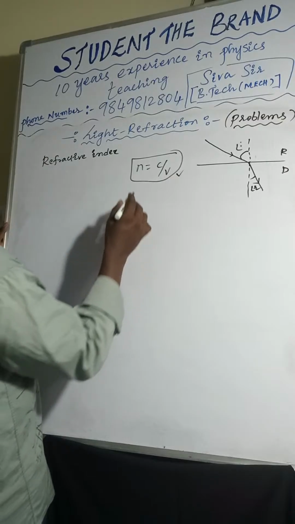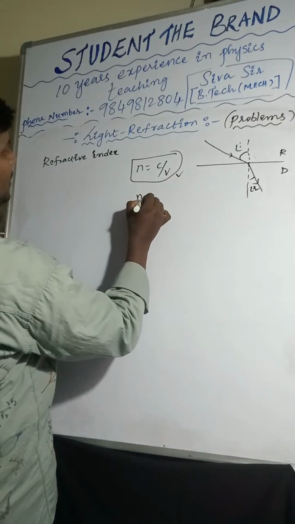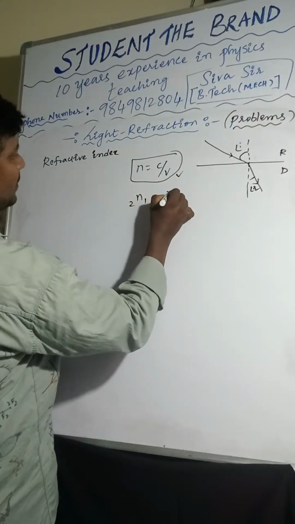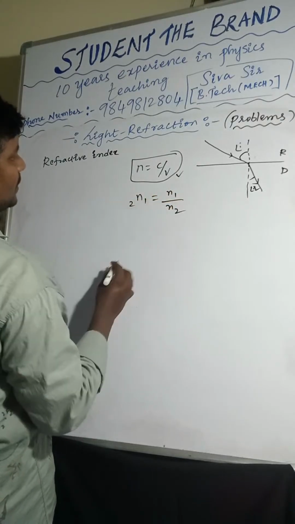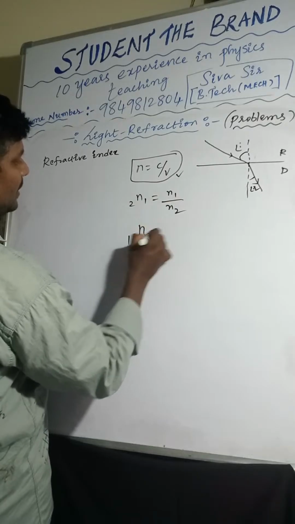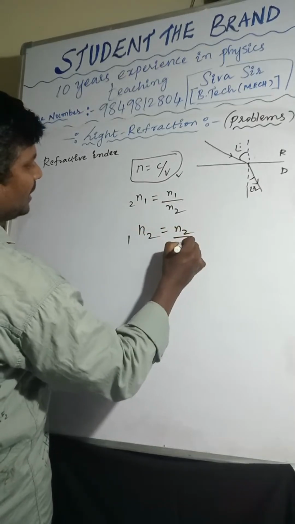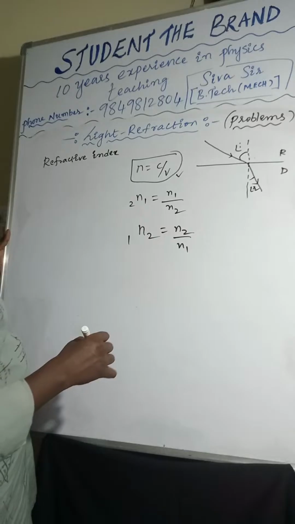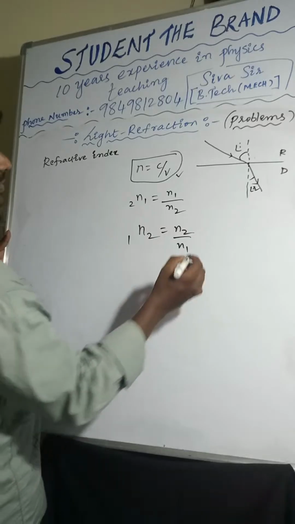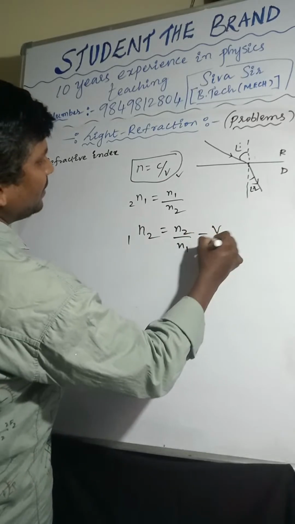Now, the relative refractive index: n12 is nothing but n1 by n2, whereas n21 equals n2 by n1. With respect to velocity, it is v1 by v2.